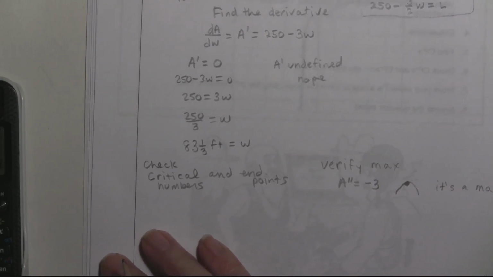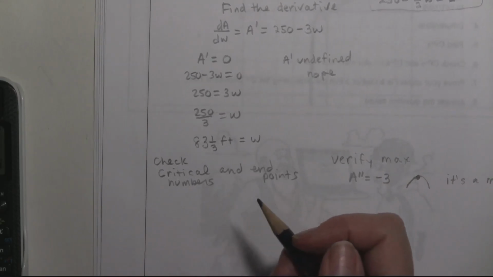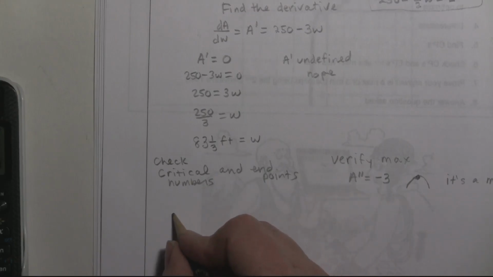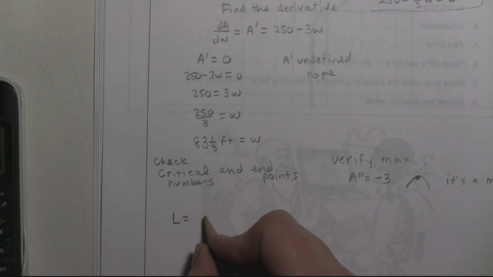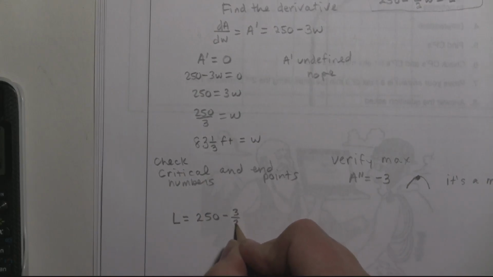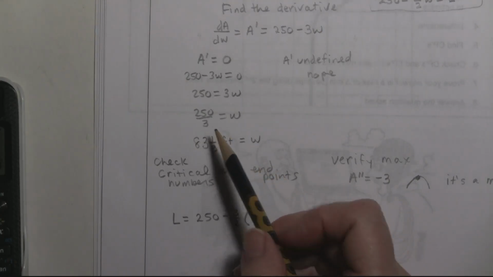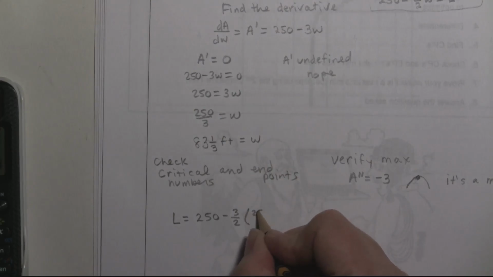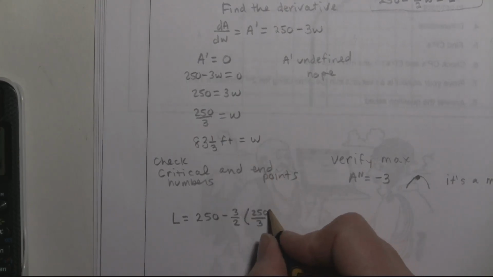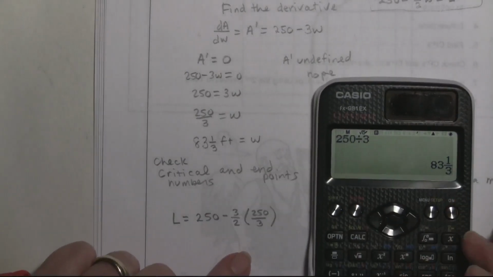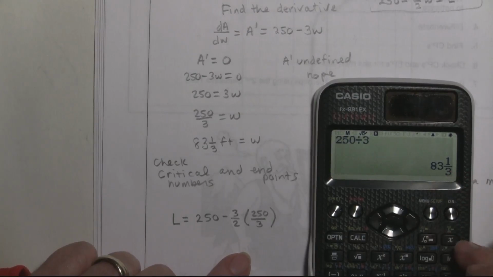Okay, so that's good. And they asked me for the dimensions, so I just need to find L, and then we'll be in business. So L equals 250 minus 3 over 2 times W. Now, it would be better if I put in the 250 over 3 for W as opposed to the mixed number, because I have mixed numbers on the Casio.